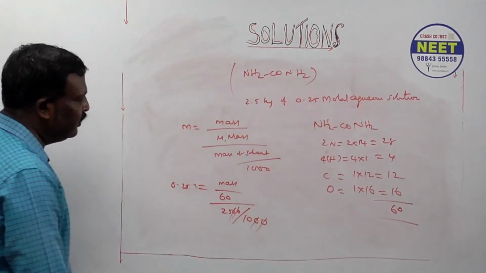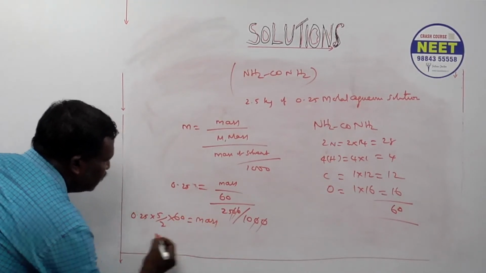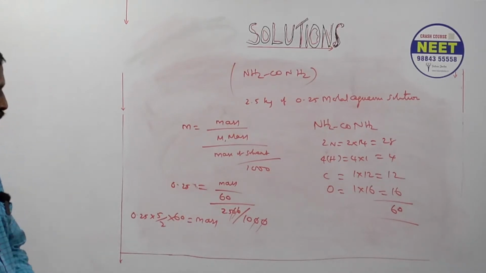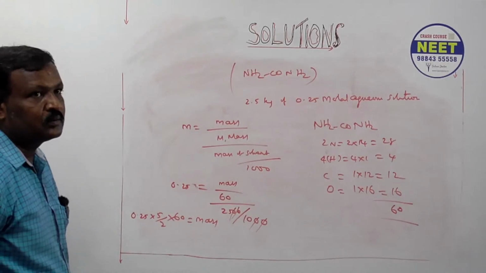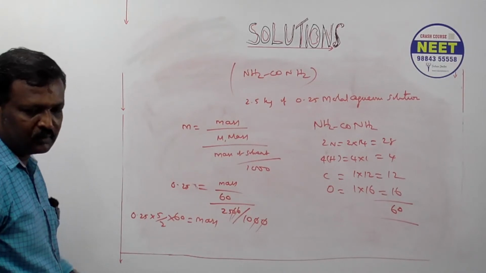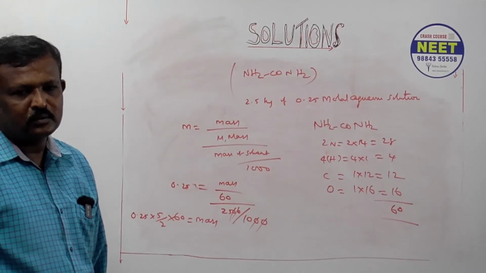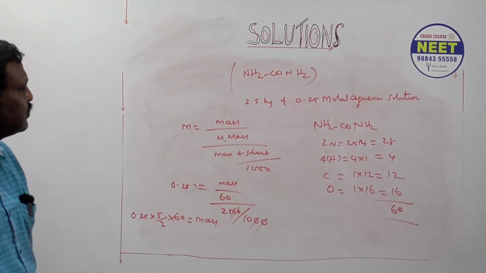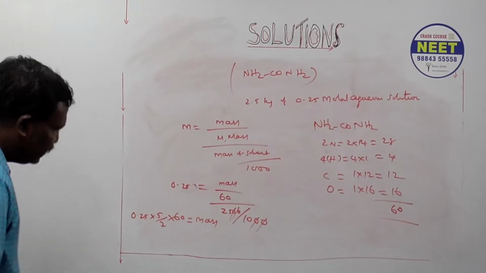This one is 5 by 2 into 60 is equal to mass. That's all. Find out. Understood? Next.